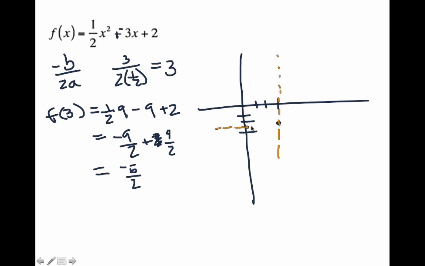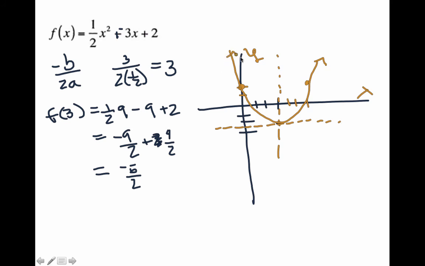Even easier than going from that as a vertex, this is x, this is y, I could use the y-intercept, which is 2. If the y-intercept is 2, symmetry is your friend. I can go this way 3 and up 2, or I can go this way 3 and up 2. And now I have a beautiful graph with enough points.